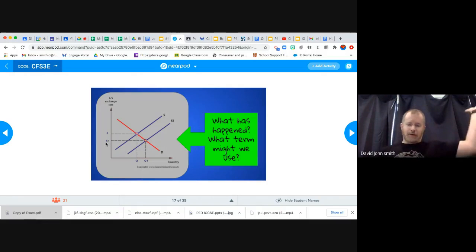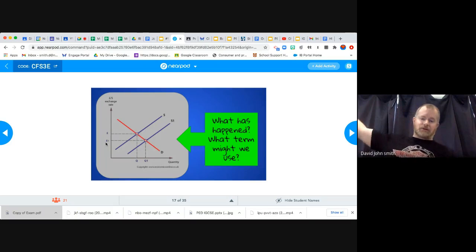Appreciation is increasing in value, depreciation is decreasing in value. As we said the other day, it's like a seesaw. If your currency is appreciating, it means another country's currency is depreciating. If your currency is depreciating, another country's currency is appreciating.